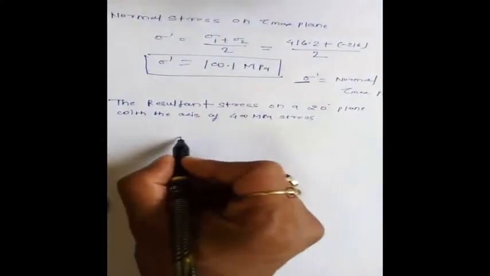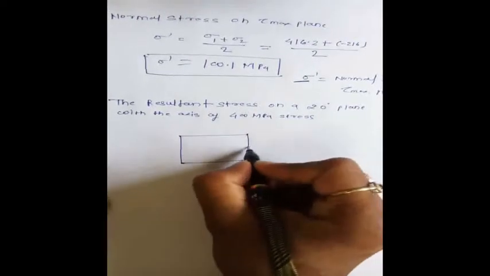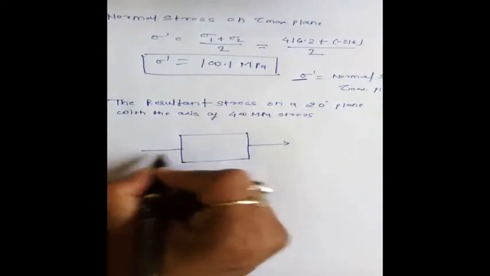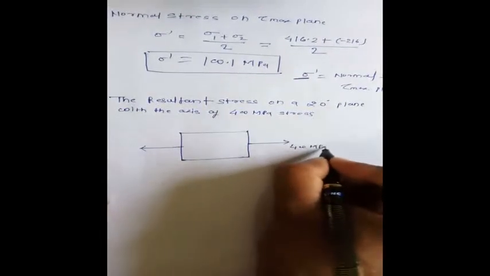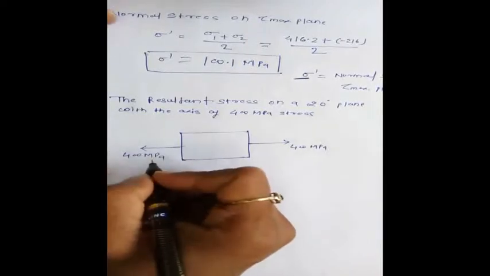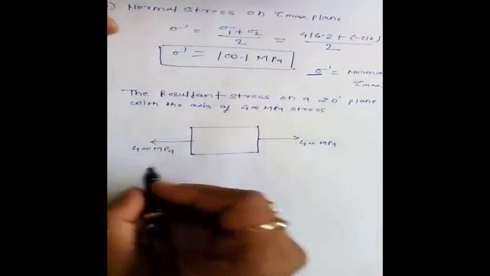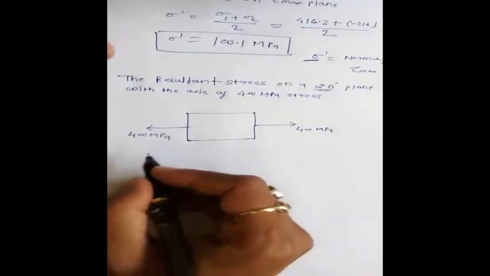If we draw this machine component where the 400 megapascal acts on the x plane in the x direction, this is the 400 megapascal, and here also 400 megapascal is there. So what is the question asking? The resultant stress, which we have to find on the oblique plane. This 20 degree is an oblique plane. So how can we find the resultant on the oblique plane?